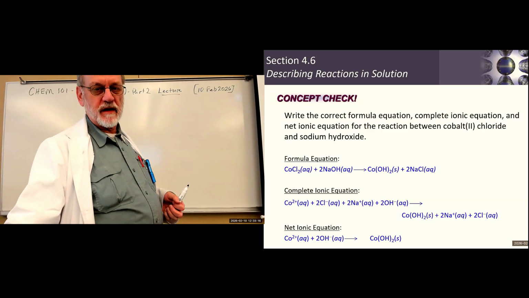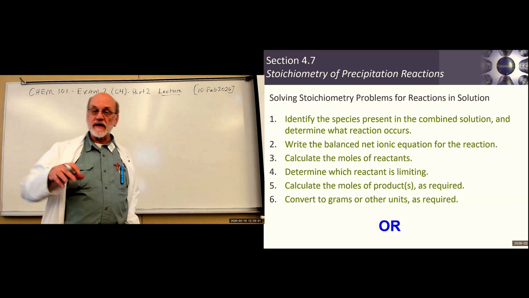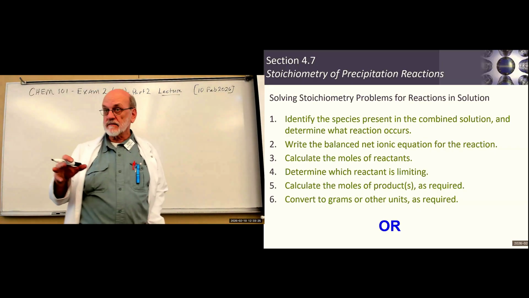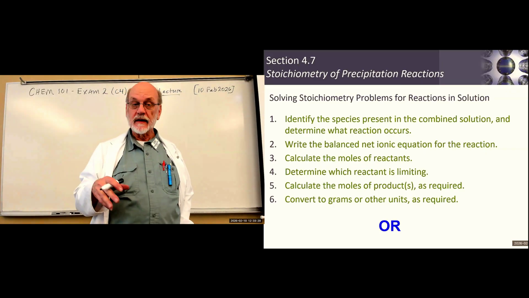Now we're going to go ahead with stoichiometry of these solutions, because now you've got the balanced equation, right? And I've given you all the tools for balancing these equations.